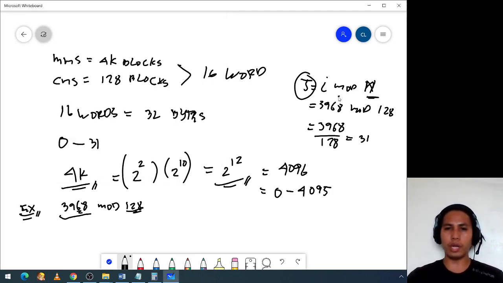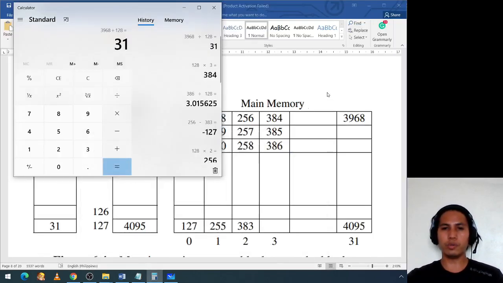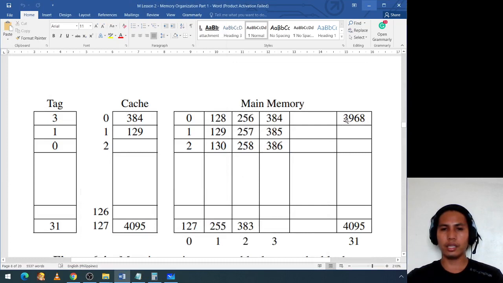Base from modulo po natin, mod is actually getting the remainder. So remainder is equal to 3968 minus the product of 31 and 128. So that is actually 0. So this proves that 3968 is in cache block 0.